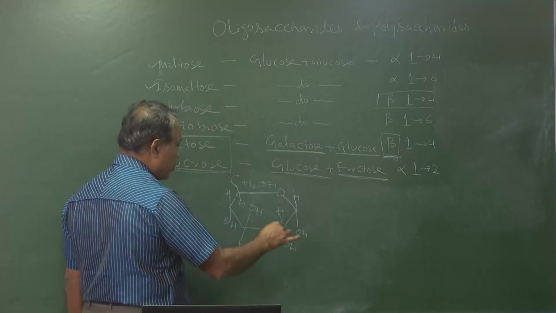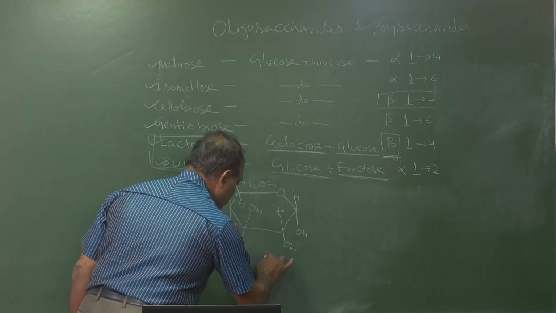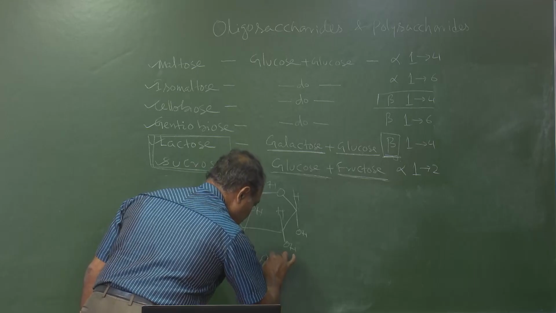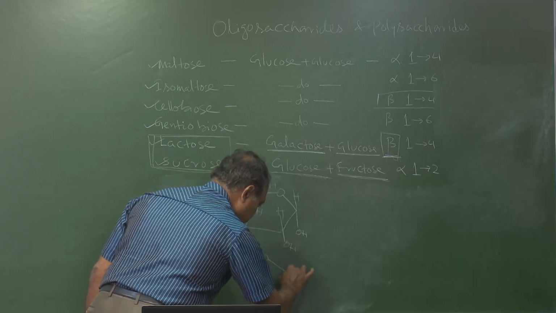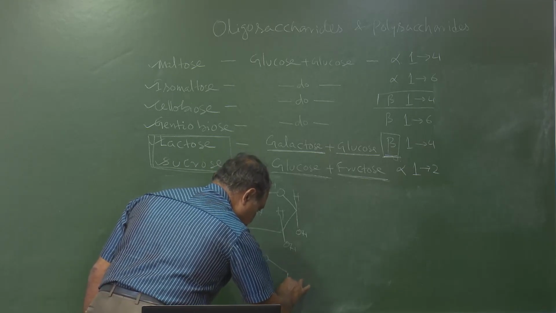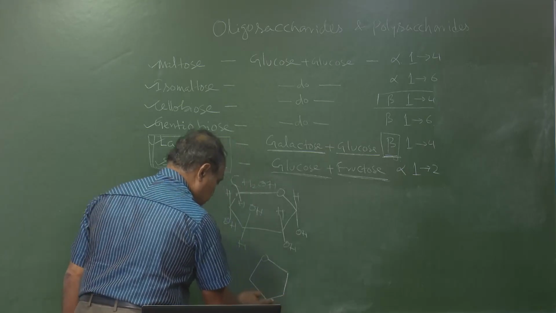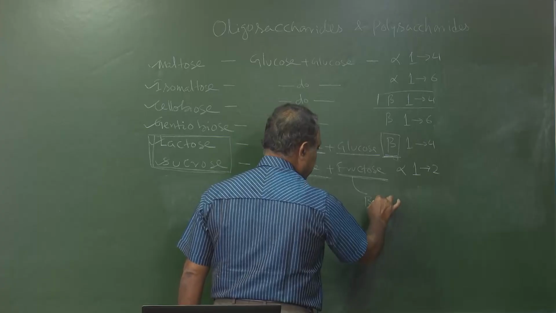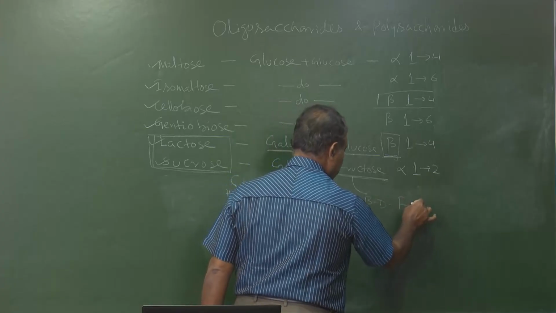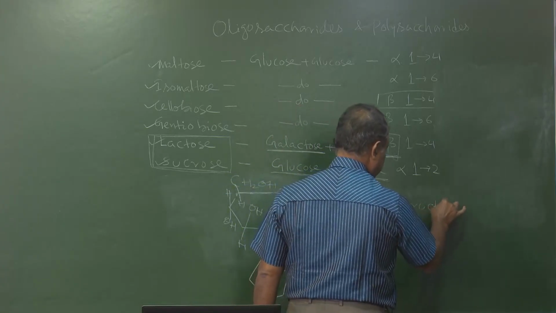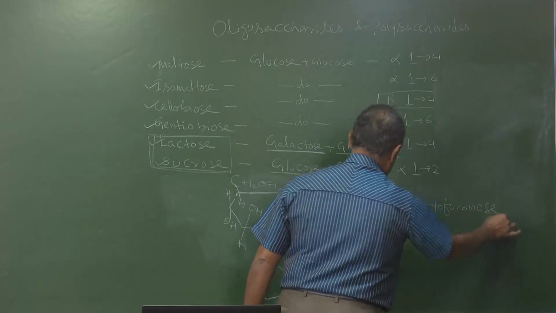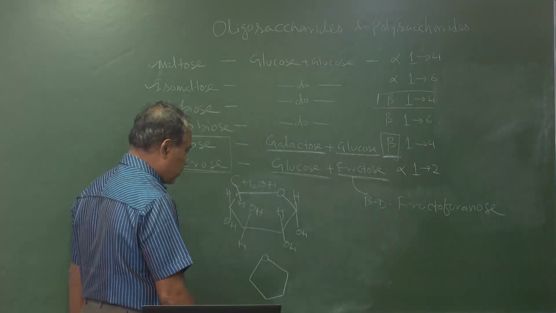Now fructose we can draw here. Fructose will have the furanose structure, fructofuranose. This fructose will be beta D fructofuranose.